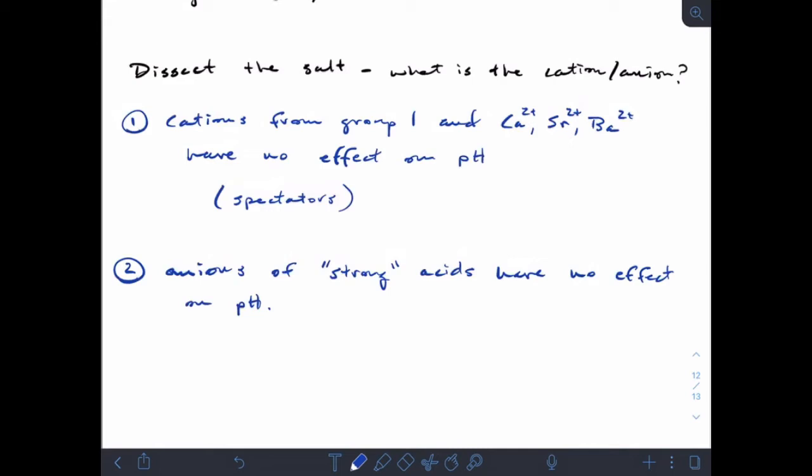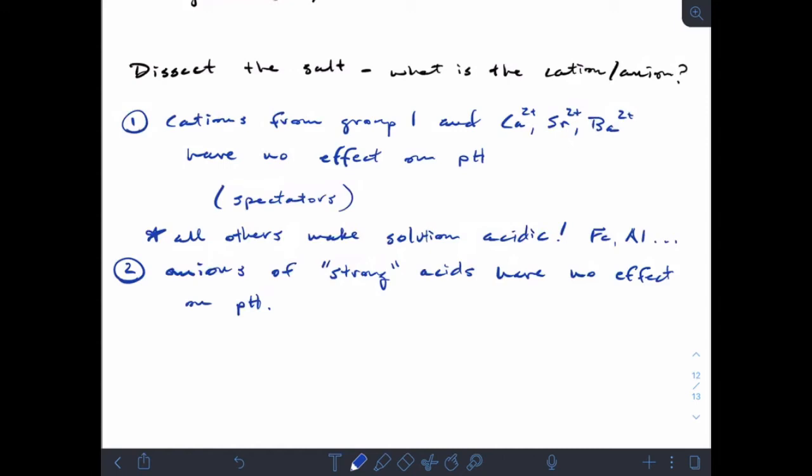So going back to part 1, cations from group 1 and calcium, strontium, barium have no effect. All others make the solution acidic. That means we're talking about things like iron, aluminum, things that are not group 1, calcium, strontium, barium. So if you have a cation in the solution that is not group 1 or calcium, strontium, barium, it's going to result in an acidic solution.